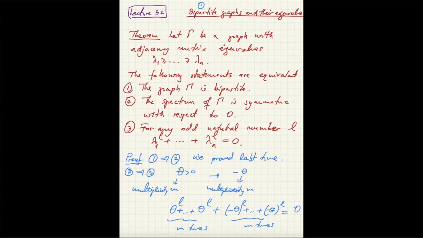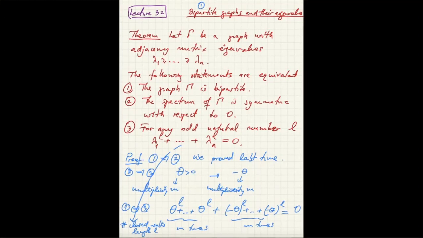It's pretty easy to see actually that 1 and 3 are equivalent, because if you remember, the sum of the L powers of the eigenvalues here is the number of closed walks of length L in the graph. And so if the graph is bipartite, then there are no closed odd walks of any length.